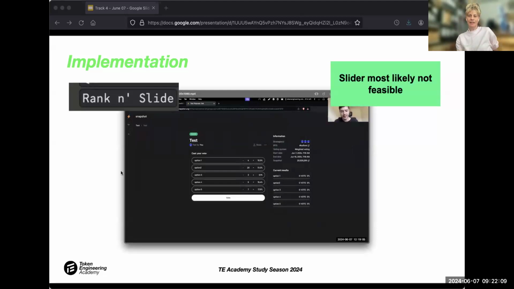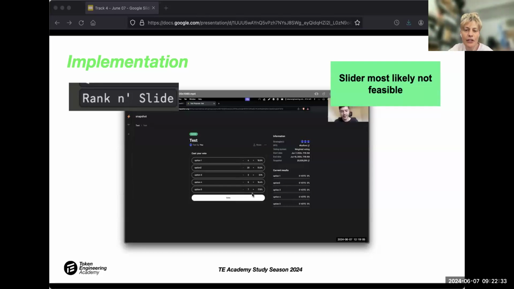Now, rank and slide, feedback from the implementation. The voting mechanism is super easy, super straightforward to implement, no problem. It's just that we might face challenges with the slider because this is the current interface of Snapshot that would be closest to our idea.